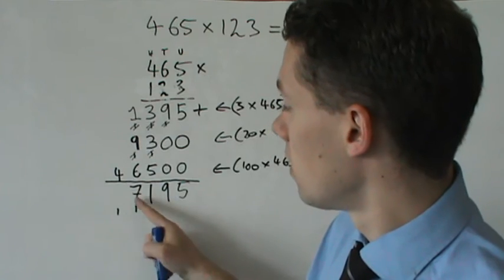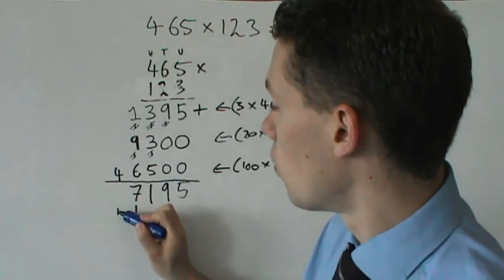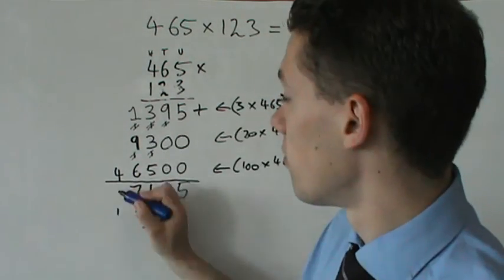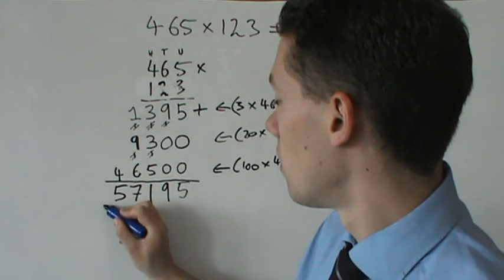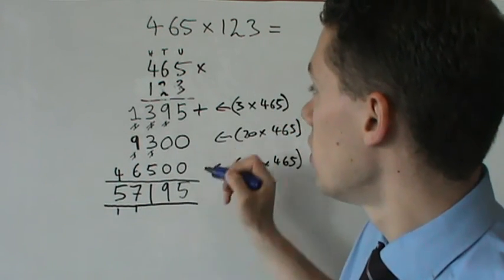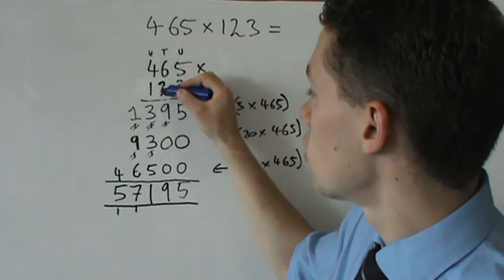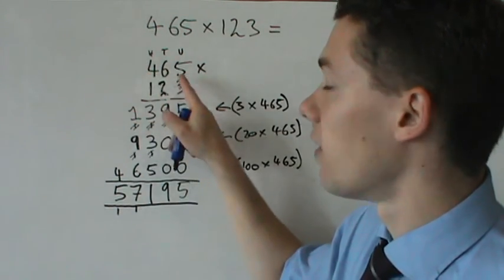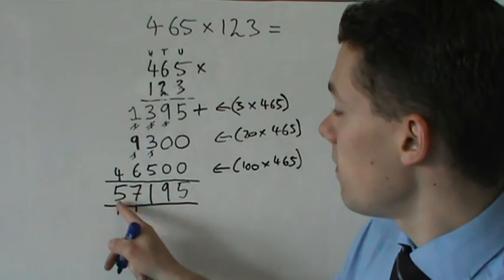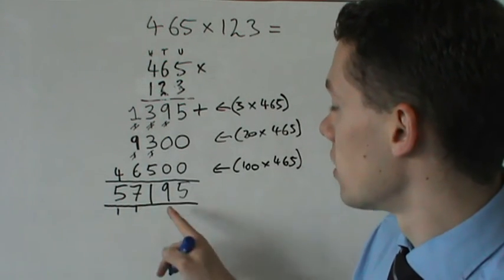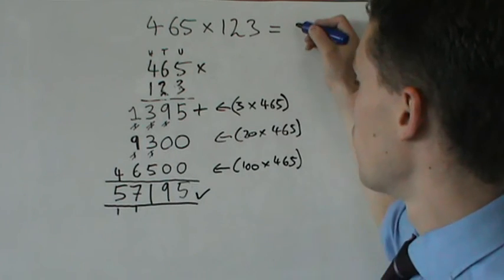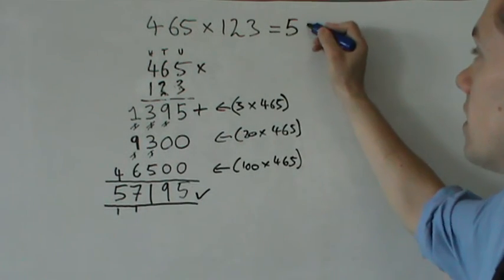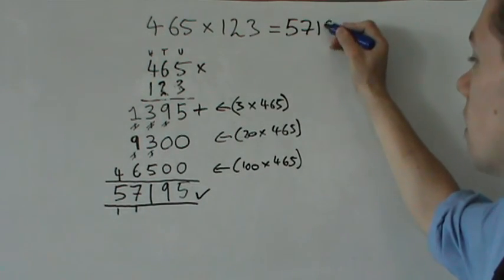Finally, I've got 4 plus 1. 4 plus 1 is 5. And that's my final answer. So 123 multiplied by 465 gives me 57,195. Which I can write up here as well. 57,195.